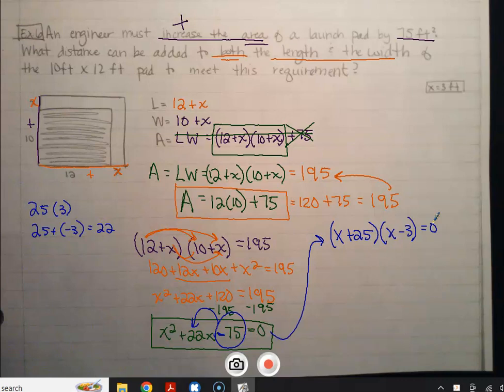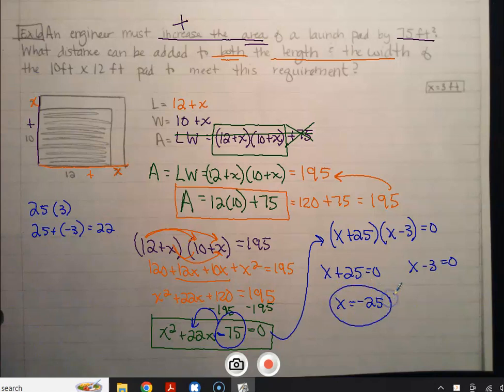Remember, in the quadratic, when your x squared has a coefficient of 1, you just split it up like x and x and then your factors. And then you set each of those equal to 0. So x plus 25 equals 0, x minus 3 equals 0. So here x equals negative 25, and here x equals a positive 3.